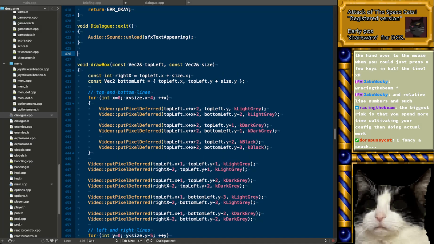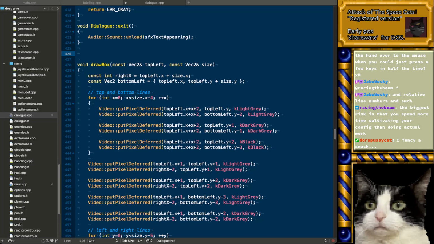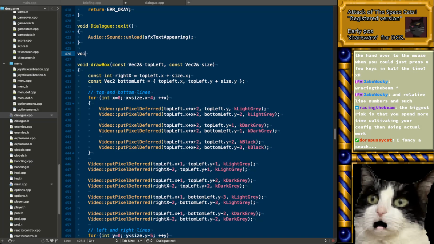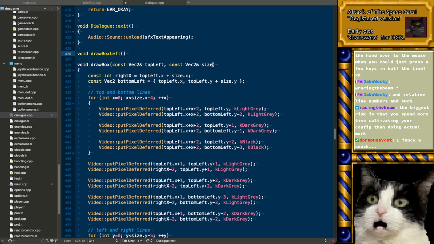So we sort of want to just say, we just want to draw left edge of box and draw right edge of box. And then we can reuse both of those for both boxes. Okay. We're going to need both those parameters.